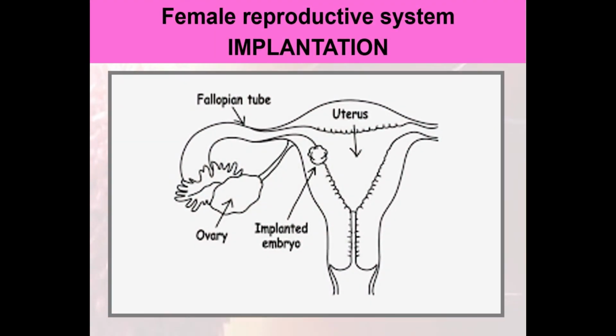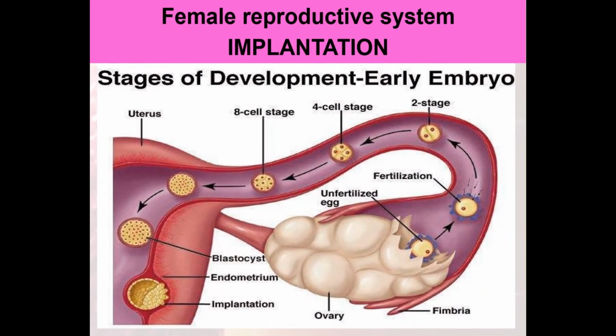First it divides into a 2-cell stage, then into 4-cell, then into 8-cell, then into a group of cells. This group of cells is called the morula, because it is a mulberry-like structure. That is why it is called morula.